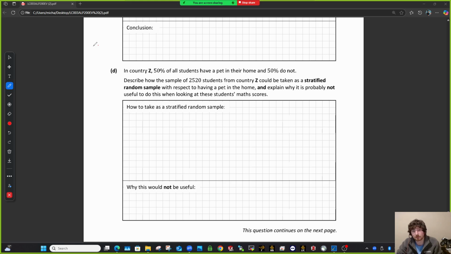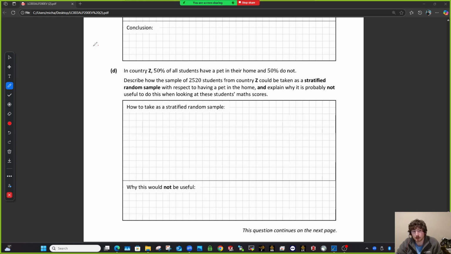So for some reason, if the school has like 500 of the students in sixth year, you want to make sure that you ask way more people in sixth year from the 100 people you're picking at random. So if 500 are in sixth year, you would want to get 50 people randomly picked from your sixth year for your 100 sample. So hopefully that makes sense.